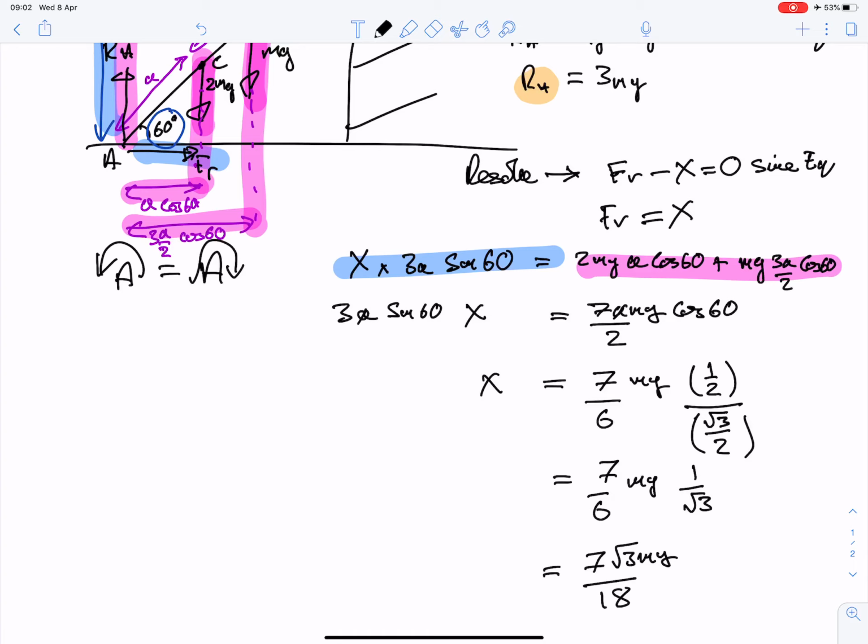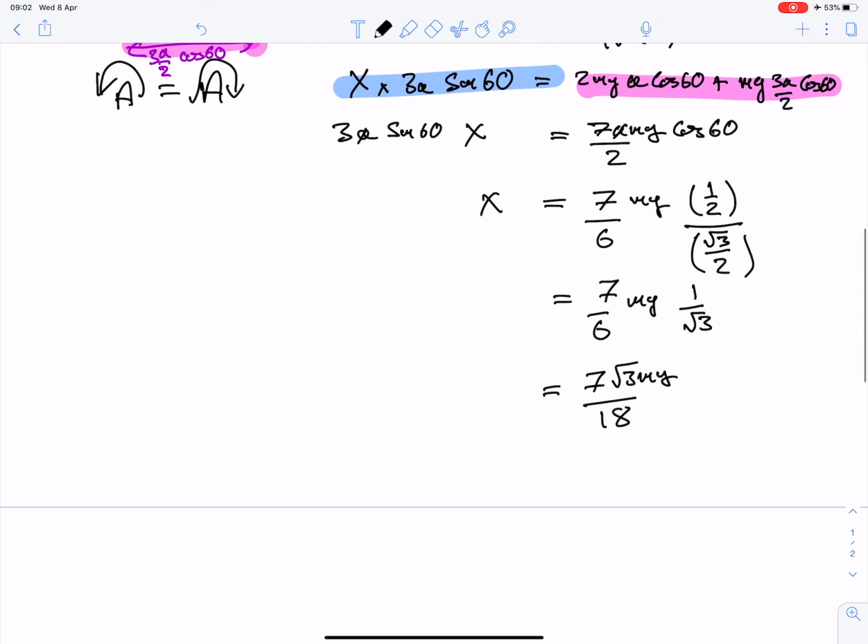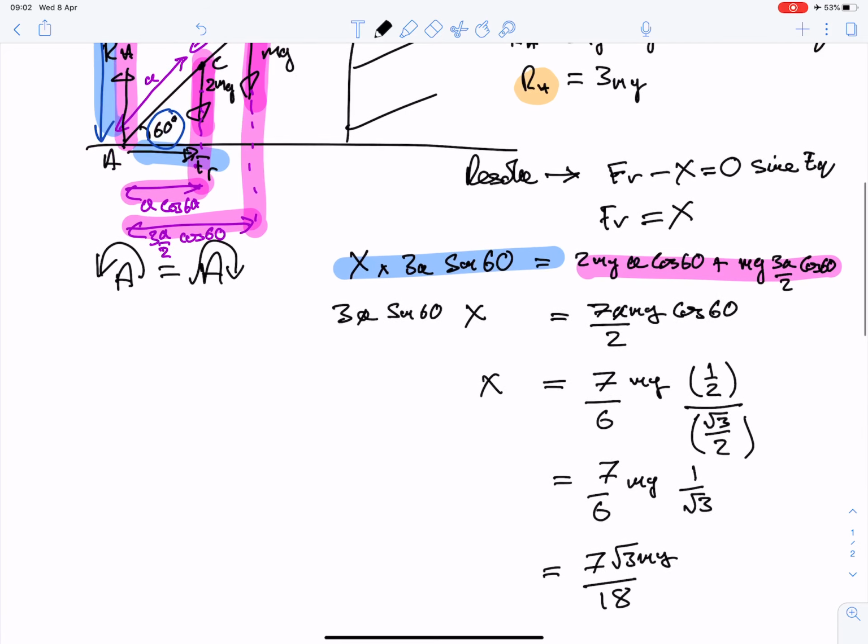We've got X equals 7mg over 6, dividing down by the 3.